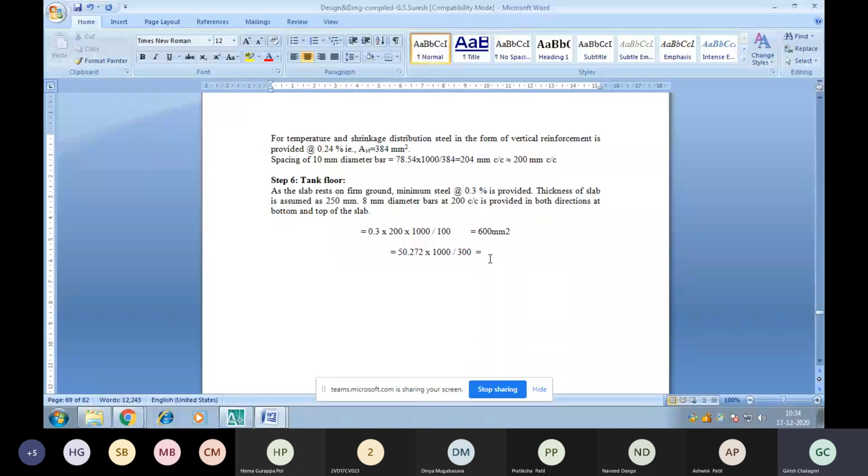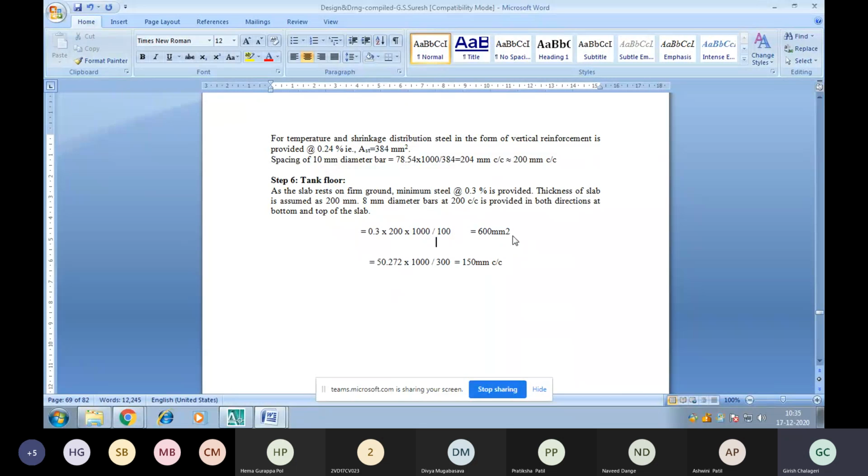So we can provide a spacing of 165 center to center. Here the thickness taken is very less. If I take thickness as 200 mm, the area of steel is 600, but we are providing 8 mm dia bars. 600 means we are providing it in 2 layers.